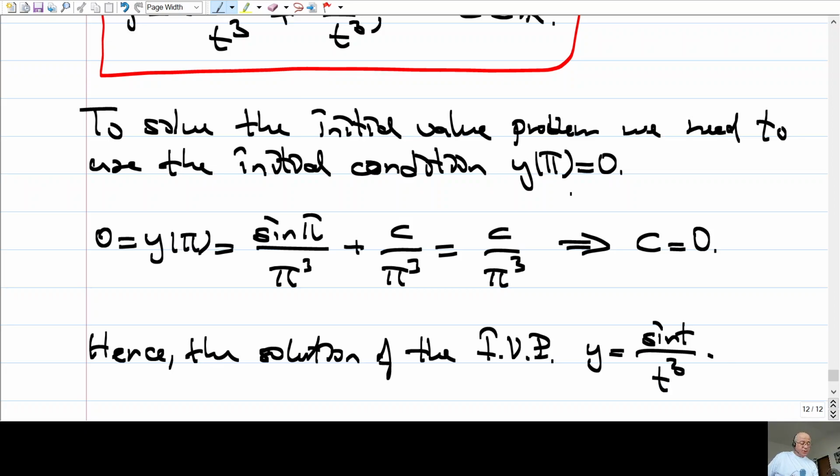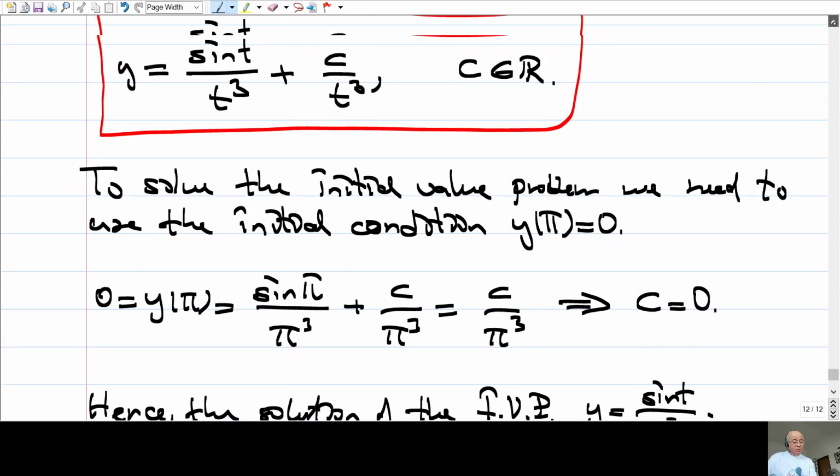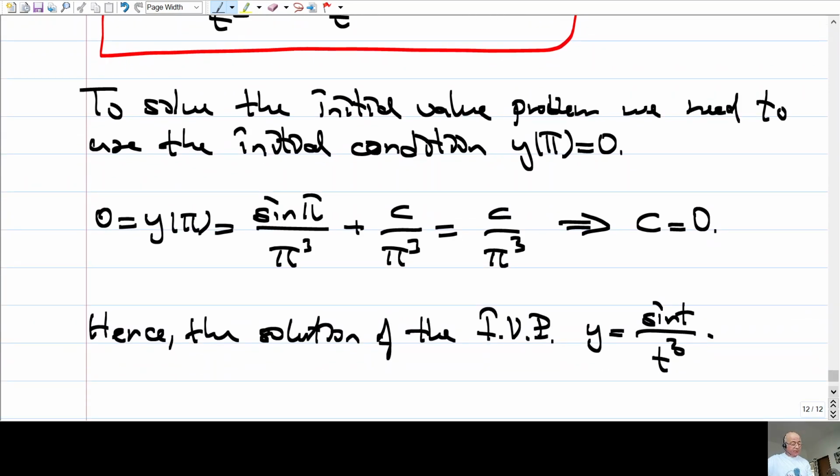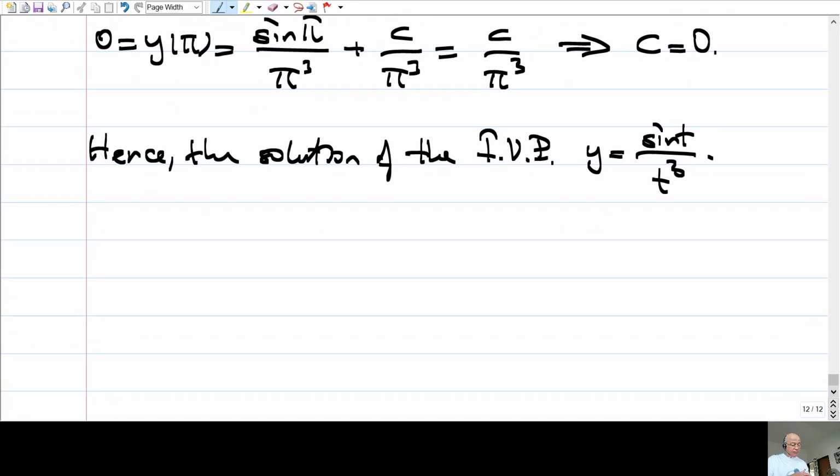By just choosing a condition like this, we picked one of the infinitely many solutions of the differential equation. Such an initial value problem, under some conditions, has a unique solution like this one. Do you have any questions so far? Okay. If you don't have any, okay.